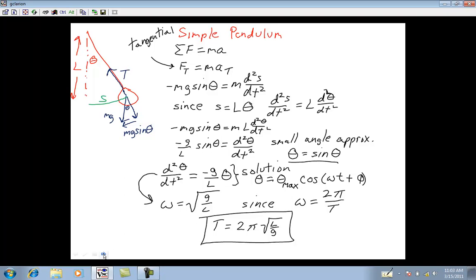All right. So the next proof is a derivation for the physical pendulum. This is the physical pendulum. A physical pendulum is a rigid body that's acting like a pendulum.